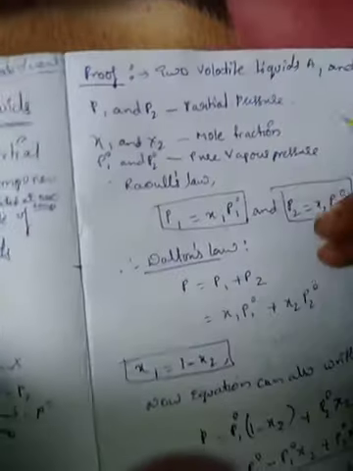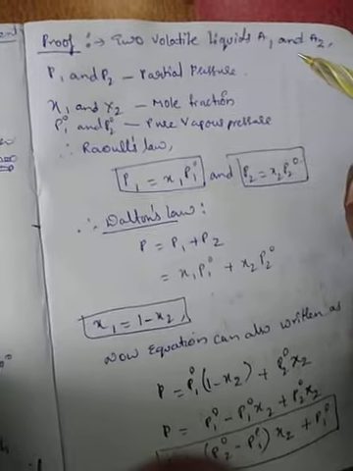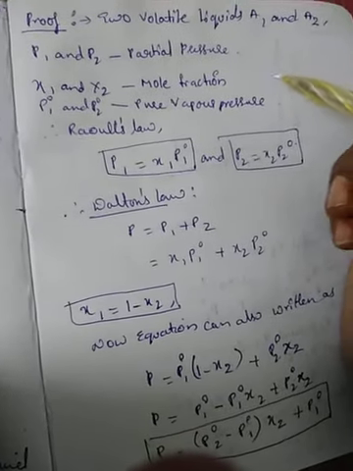Next, coming to the proof. By some assumptions we can prove that all volatile substances can exert vapor pressure.